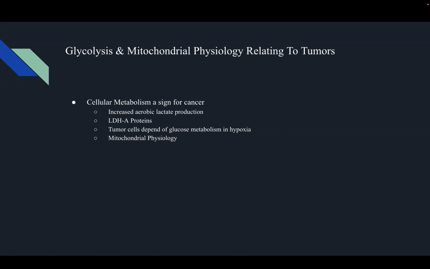And tumor cells do depend on glucose metabolism since there is a lack of oxygen, and the mitochondrial physiology specifically, and the LDH proteins. The LDH proteins do have importance relating to tumorigenicity. LDH deficient cells have much lower LDH, which is a key role in tumor maintenance. LDH catalyzes the interconversion of pyruvate and lactic acid, and it also deals with the interconversion of NADH.